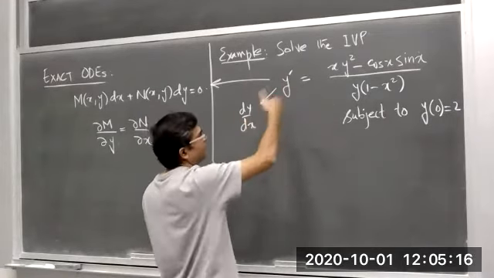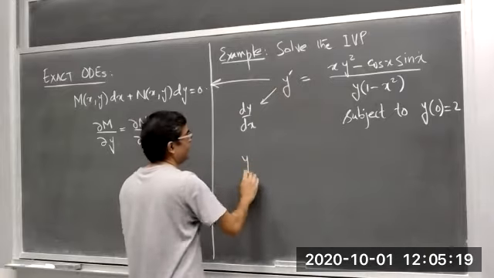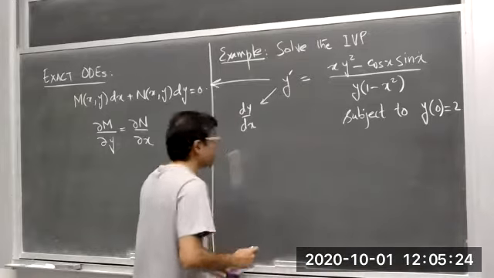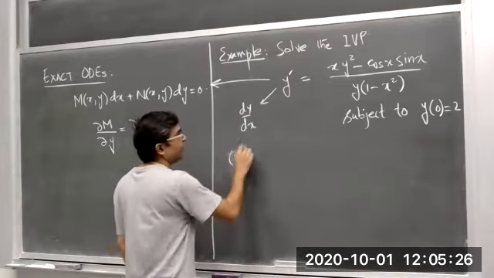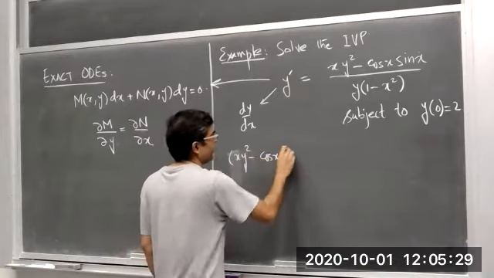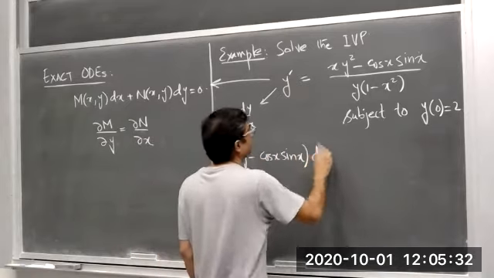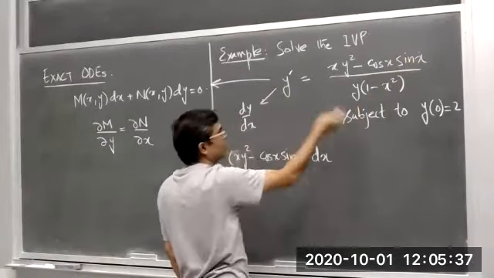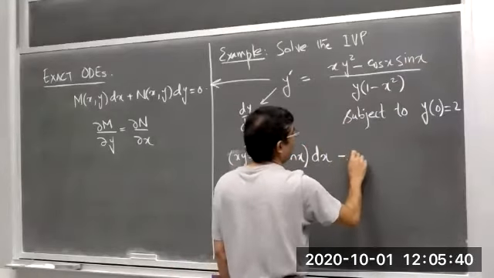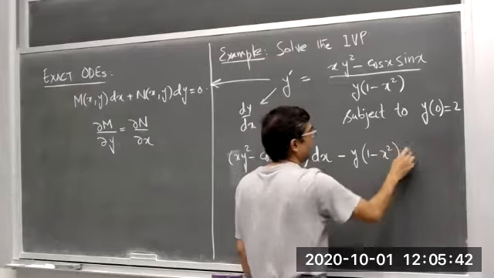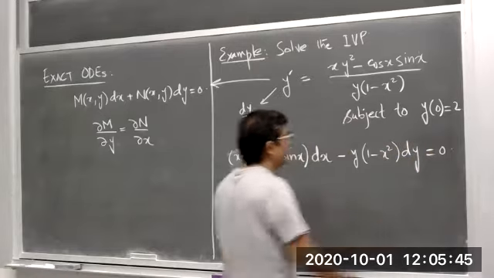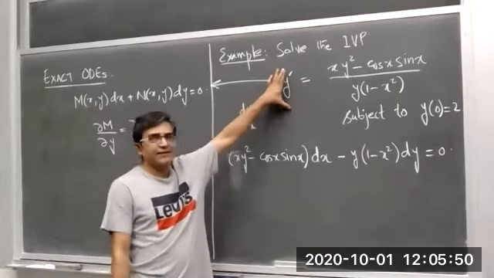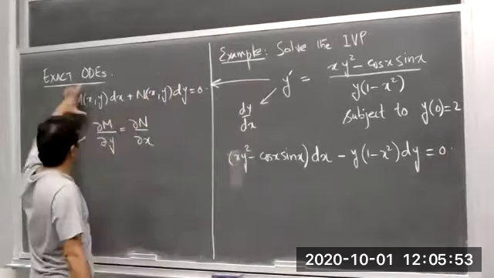Cross multiplying, first we write the x term: (xy^2 - cos x sin x) dx, because dx multiplies with this, and then the other term comes with a negative sign: minus y(1 - x^2) dy equal to 0. We have converted this differential equation into this form.